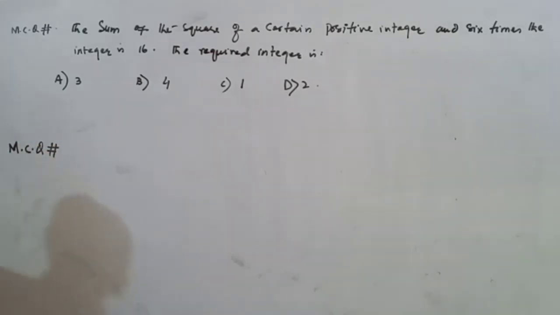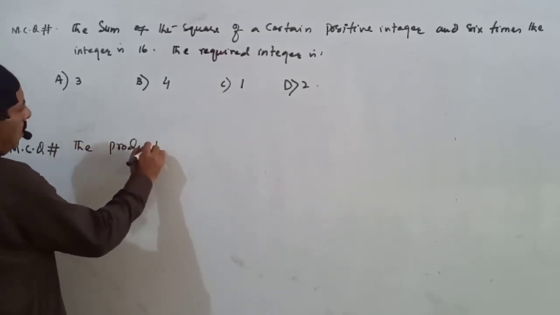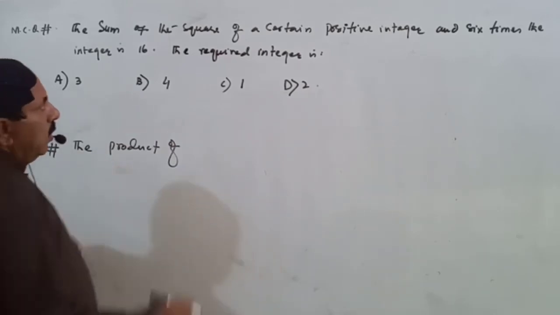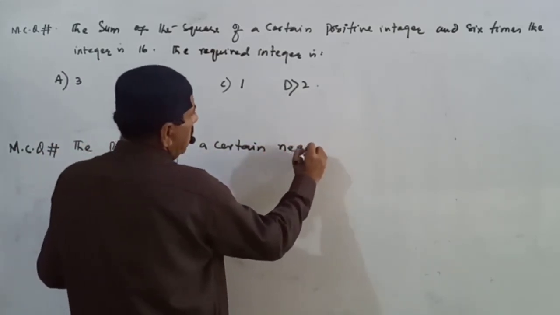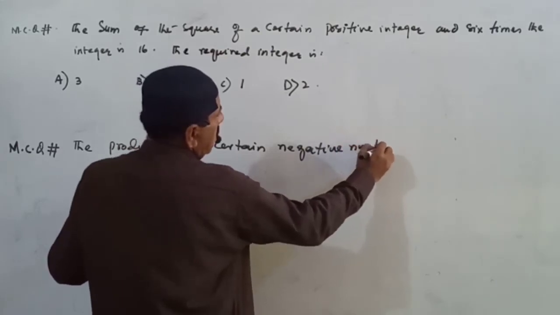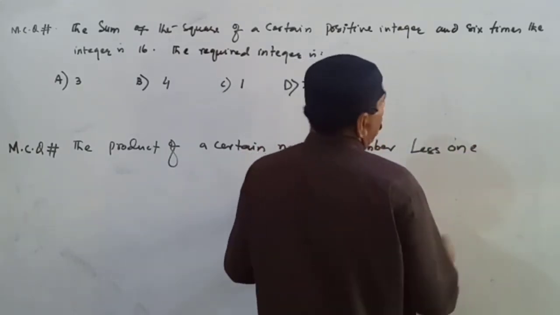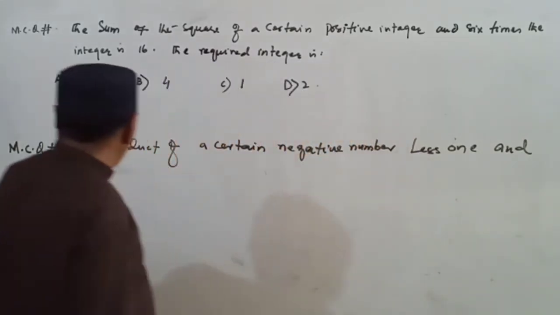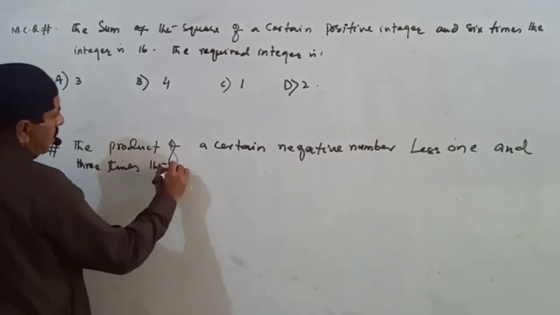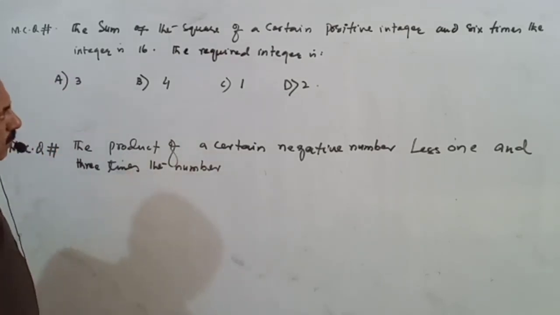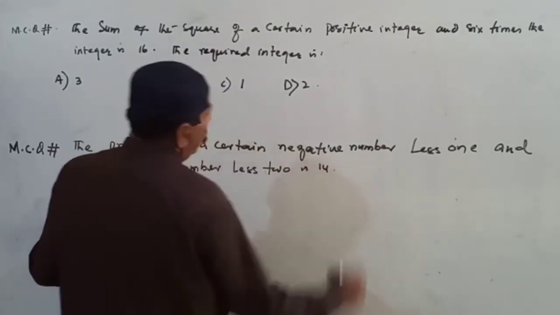MCQ next. The product of a certain negative number less 1 and 3 times the number less 2 is 14.